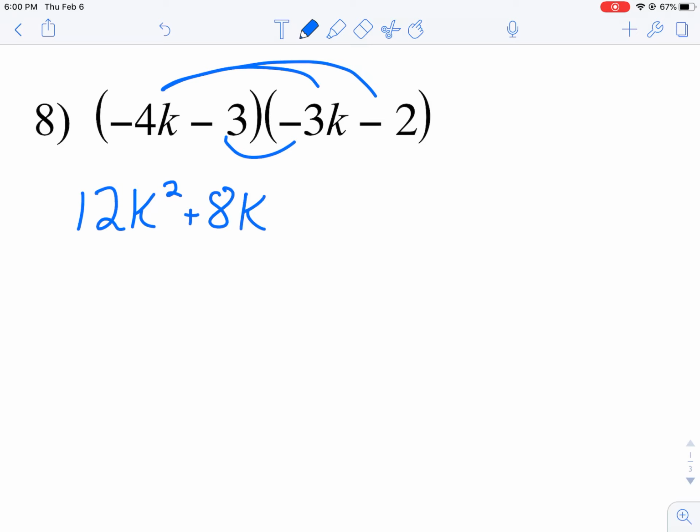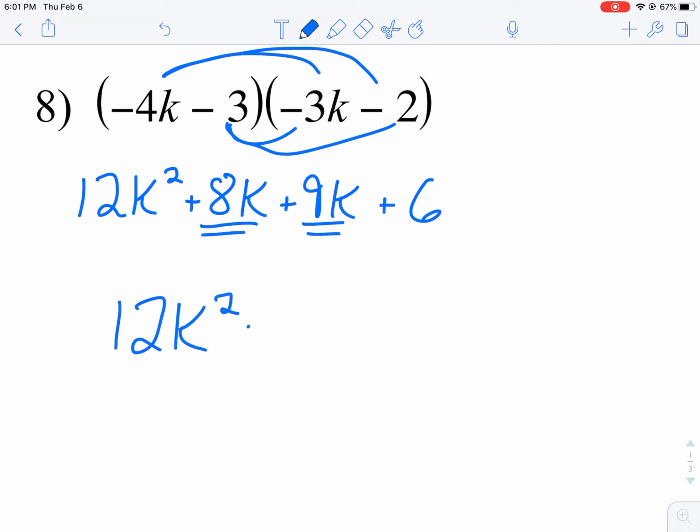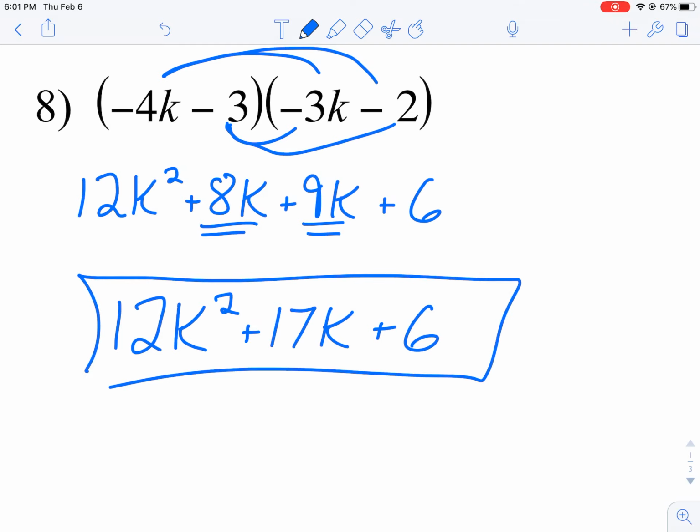Then negative 3 times negative 3k gives me a positive 9k. And then negative 3 times negative 2 gives me a positive 6. Let's combine like terms here. I've got the 8k and the 9k, so 12k squared plus 17k plus 6. Boom.